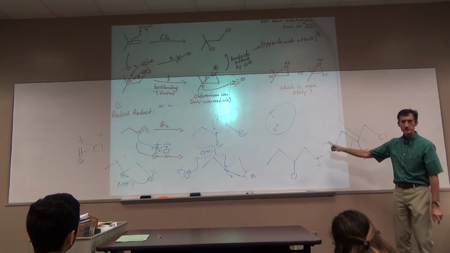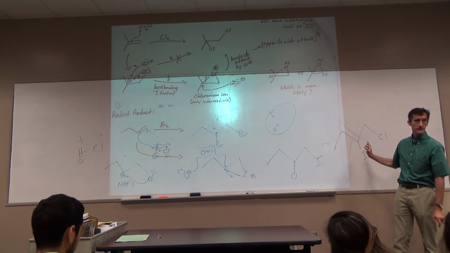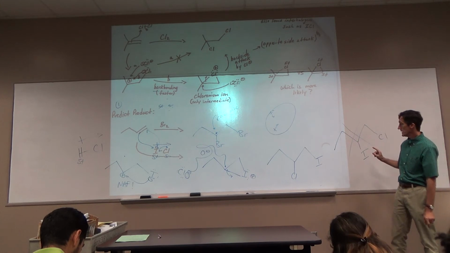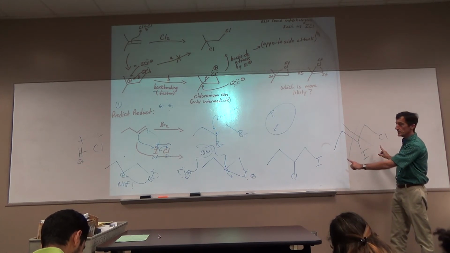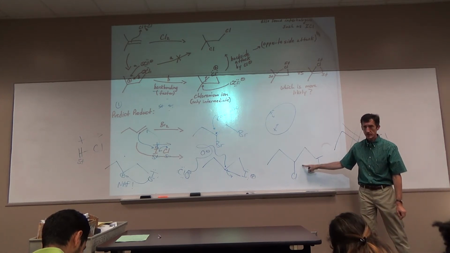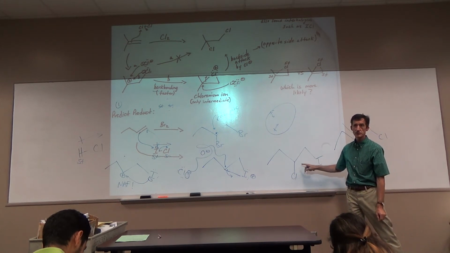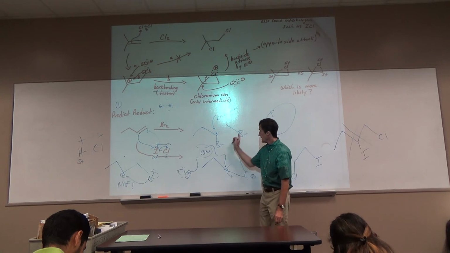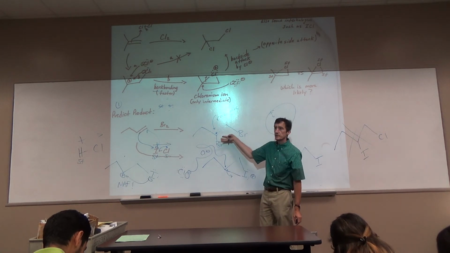So this reaction does have regiochemistry possibilities. But do we get both regioisomers? No. You only get this regioisomer. So this reaction is regioselective. There's no regiochemistry up here because there's no choice.